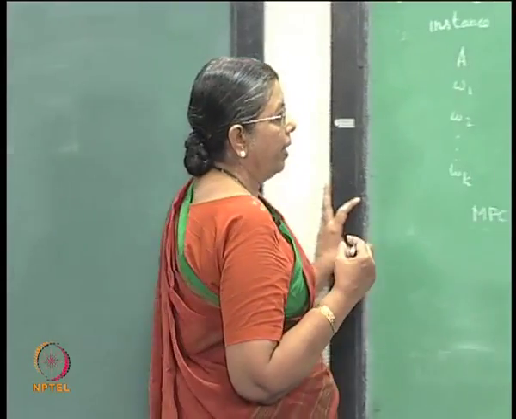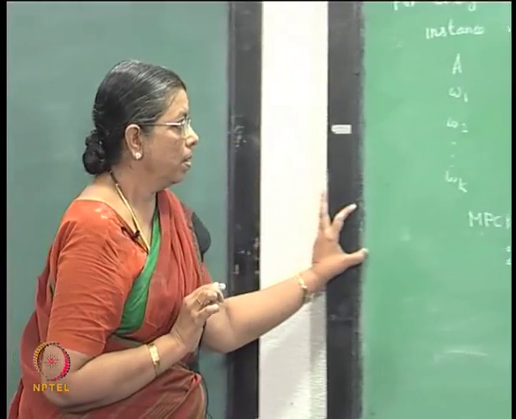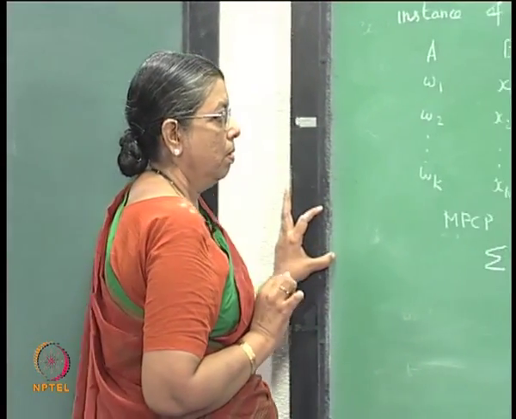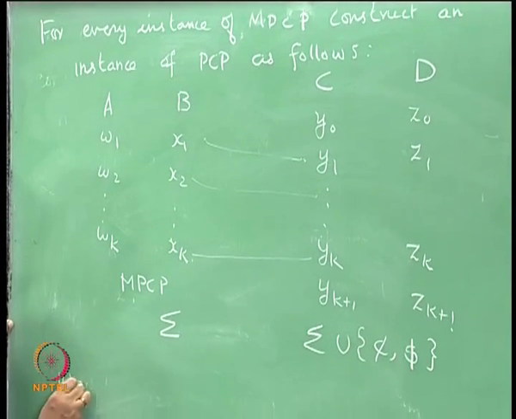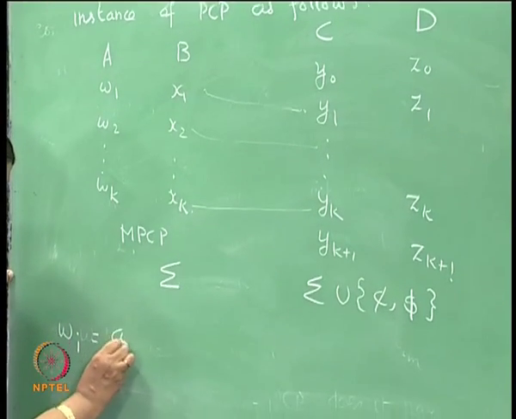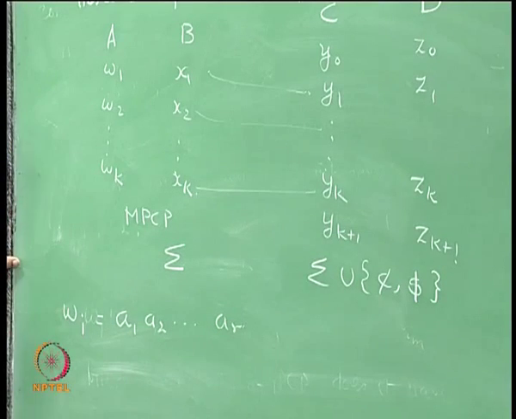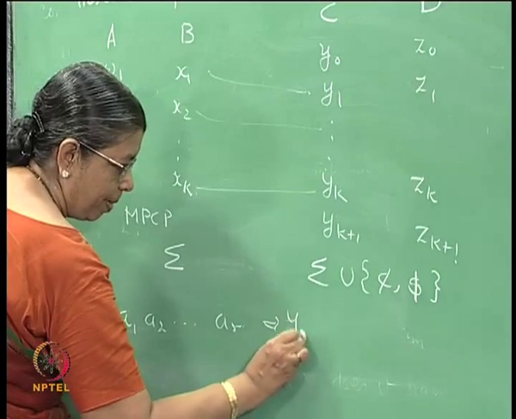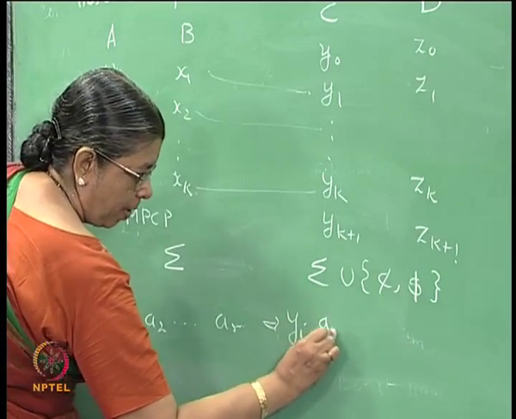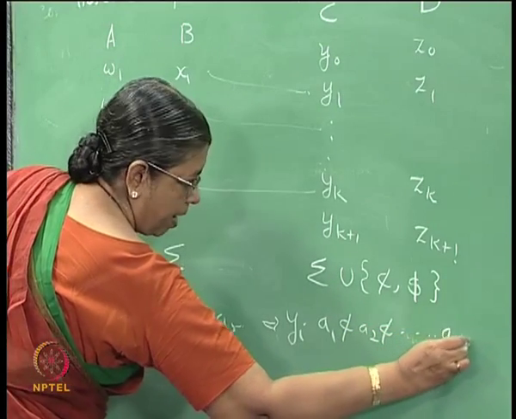Now how do you get Y1 from W1? Suppose Wi is equal to a1 a2 ... ar, then Yi will be a1 marker, a2 marker, ..., ar marker.